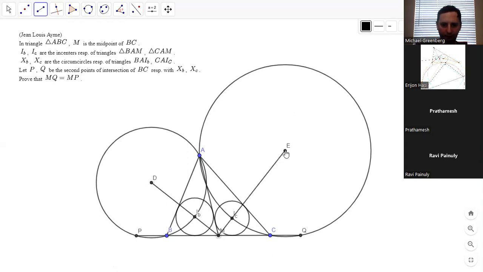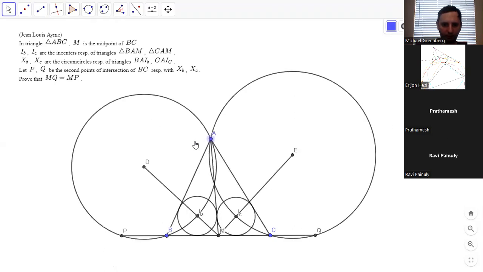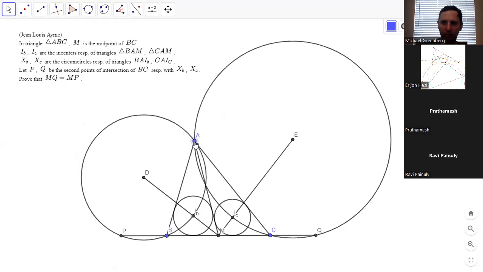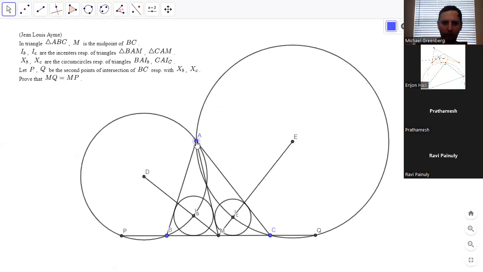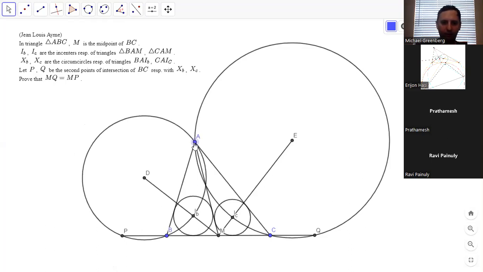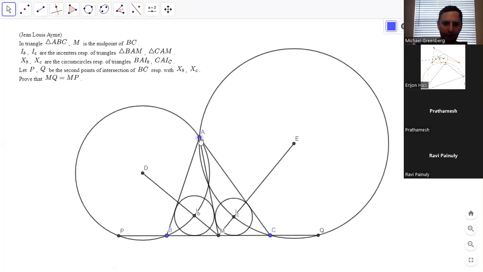I didn't think they were. Is that true that those are collinear? It's about joining AP and AQ. Wait, why are these collinear? Is that obvious? Is it just an angle chase or something? I don't see why they should be.